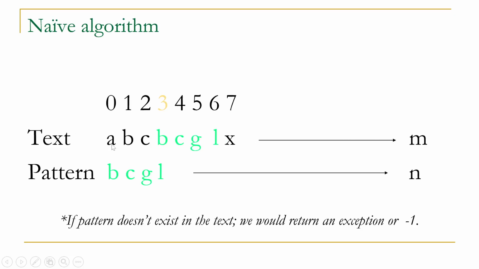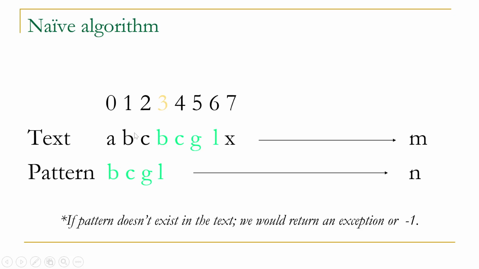Firstly we have to match index-wise. Here a and b, there is a mismatch, and then we increase the text index by one.